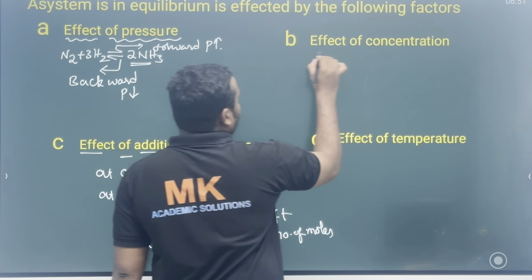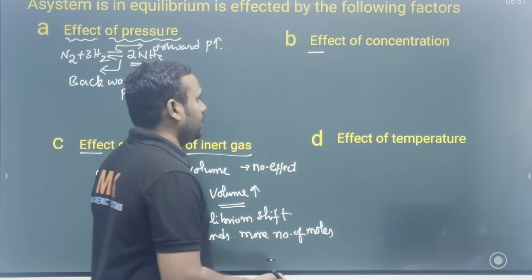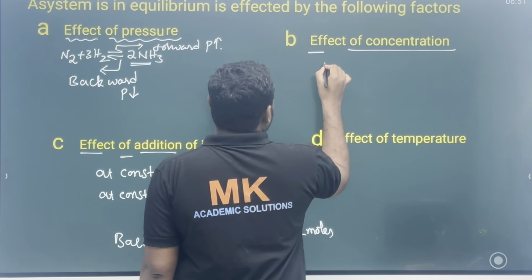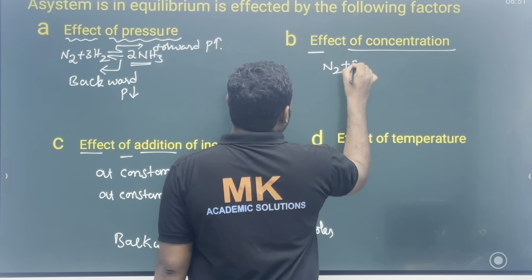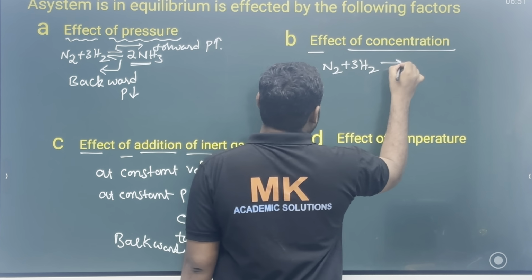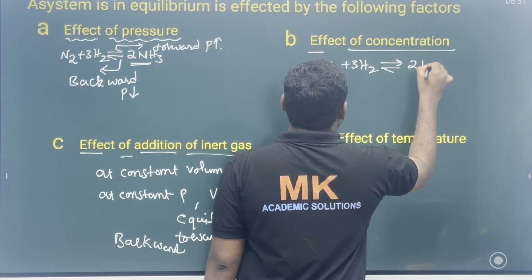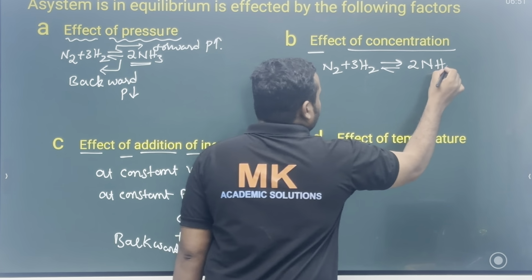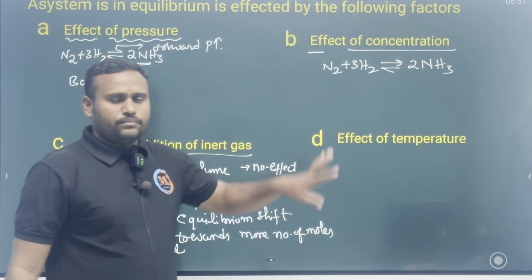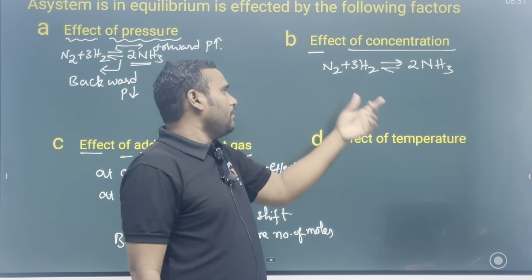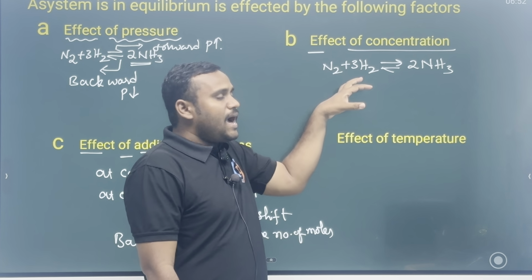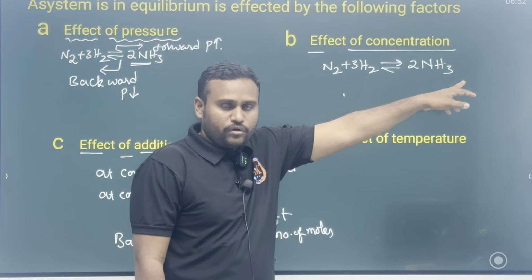Next, effect of concentration. This is a common general thing I told you. N2 plus 3H2 gives rise to 2NH3. Let us assume equilibrium is already established. After establishing equilibrium, if we add reactant, forward reaction is going to take place.